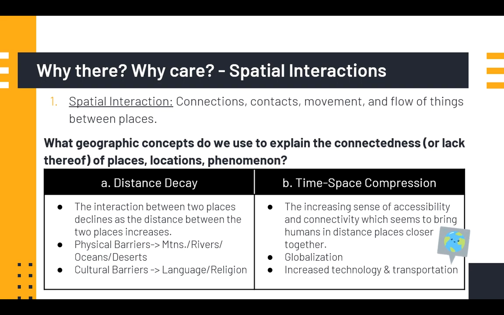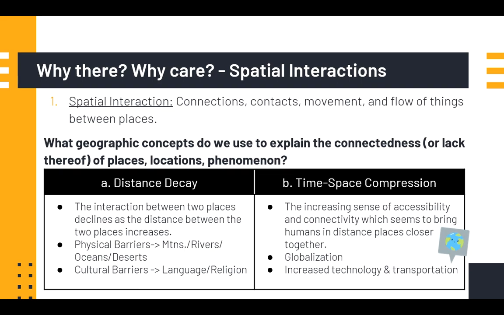Time-space compression has to do with technology. The fact that I can get on the internet and order like a chair or something or a ceiling fan and have it delivered to my house within a couple of weeks or a couple of days, and it was manufactured in China, for example, is really incredible.